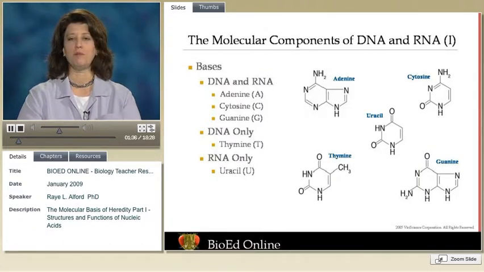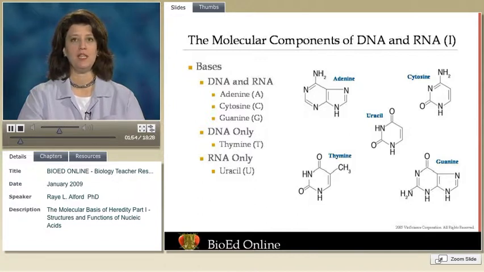The atoms that make up DNA and RNA are organized into two primary molecular components: bases and pentose sugars with attached phosphate groups. The bases are the key informational components of DNA and RNA. They are the letters of the DNA and RNA alphabet.